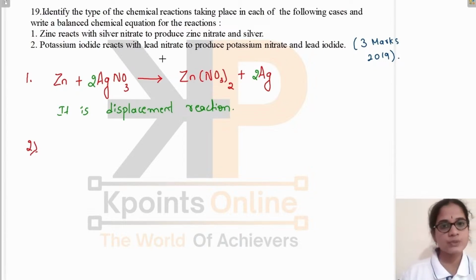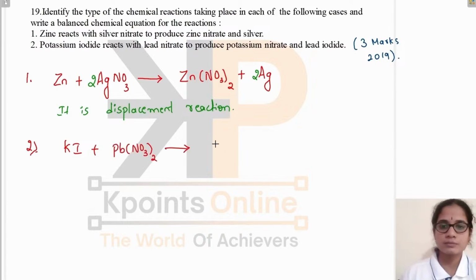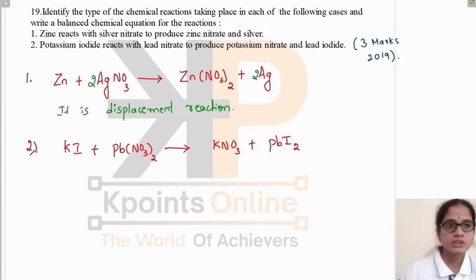Potassium iodide reacts with lead nitrate to form potassium nitrate and lead iodide. Okay. Here also we need to balance the equation.